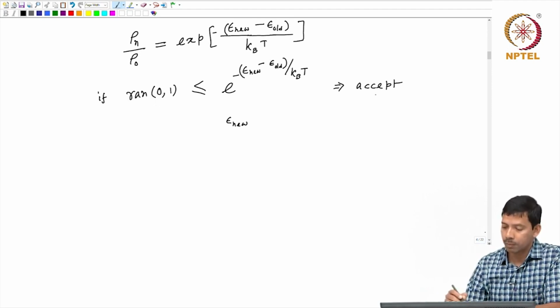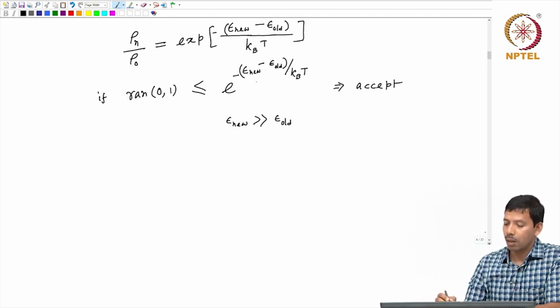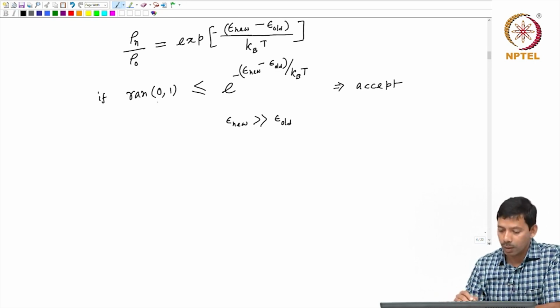So, I accept it. If my E new is very large than E old, then this Boltzmann factor becomes close to 0, and this condition is not fulfilled.